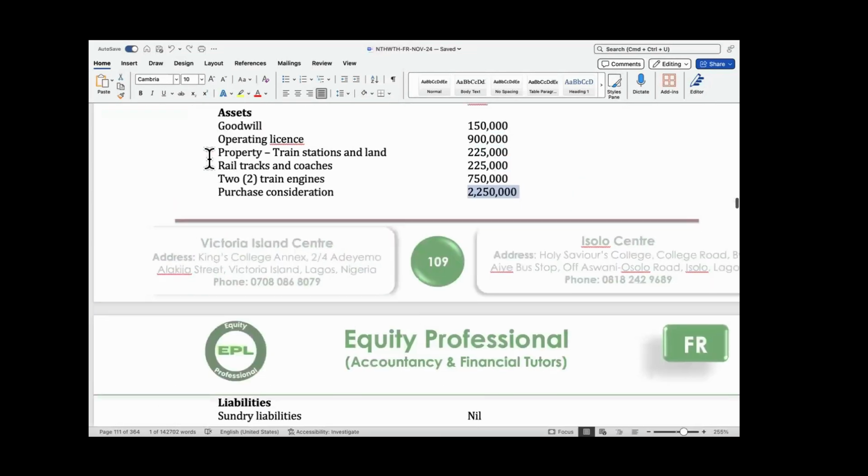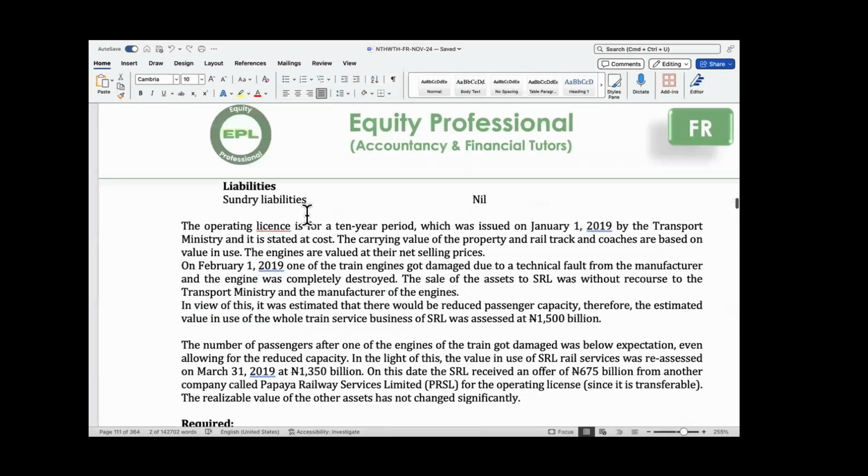Okay, fine. So they now said the operating license, I'm sure they are talking about this operating license. They said the operating license is for a 10-year period. Okay, noted. It was issued on January 1st, 2019 by the Transport Ministry, and it is stated at cost.